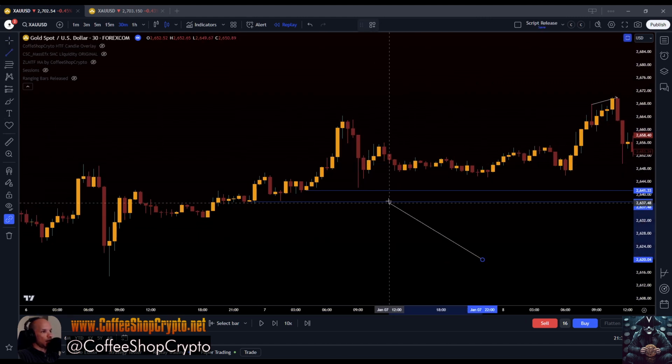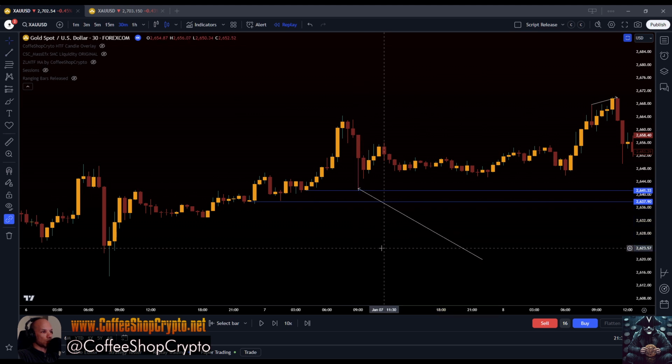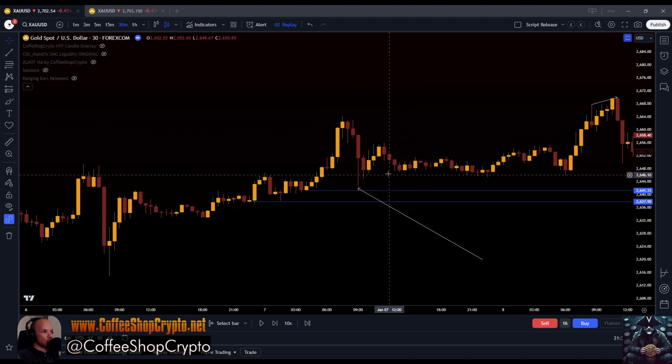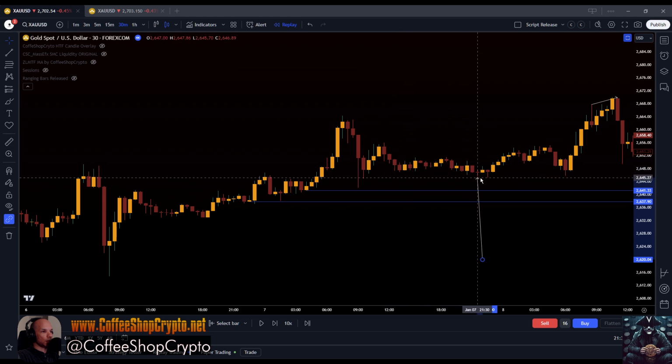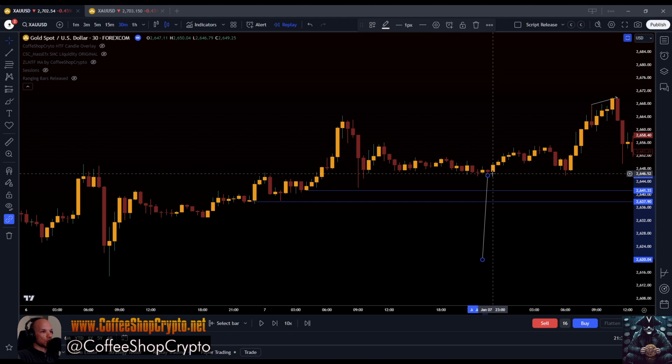That one's no good. You need one that actually breaks a high in an uptrend, and it does it with higher highs and higher lows. There is no support here. When you get used to this, you can see it very quickly. It's here, right? So this is going to be the actual support level.